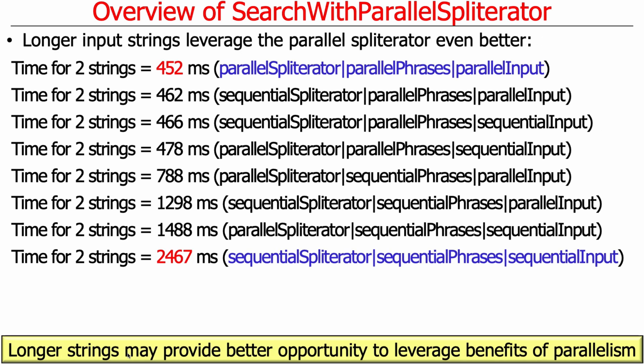So the thing to come away with from this is if you have larger input, you may get a better opportunity to leverage parallelism because you're splitting that large input up into chunks, and we're searching those chunks in parallel. Now, it's not wildly better, but I've only got 6 cores on my laptop, so it's only going to go so much faster. If I had a 1,000-core processor, I might get even better speed up, especially if I had larger and larger input data sets to search.